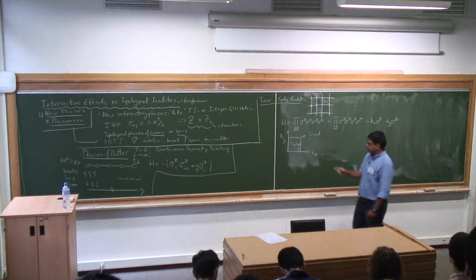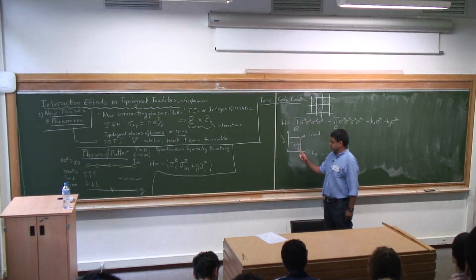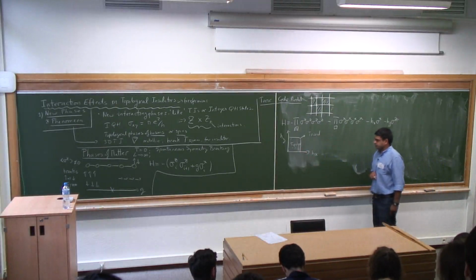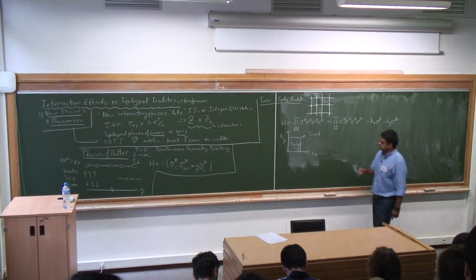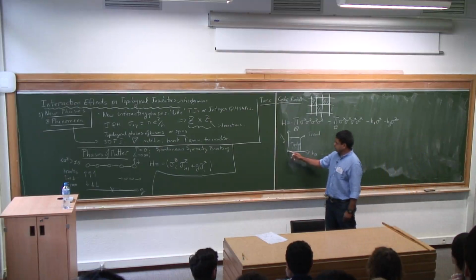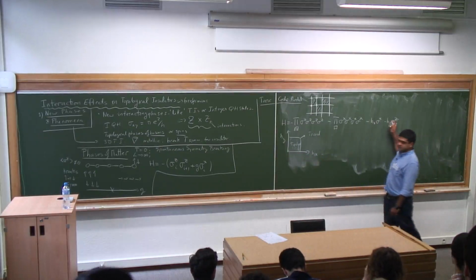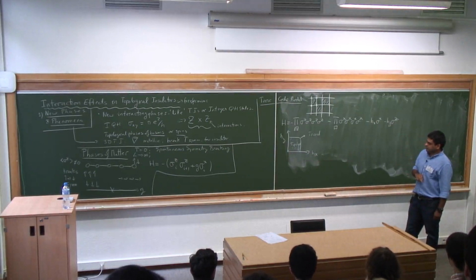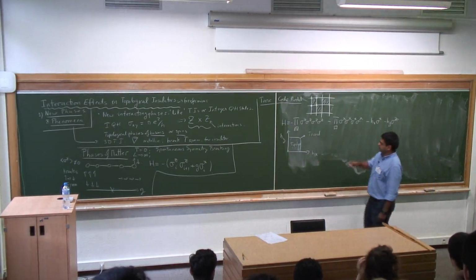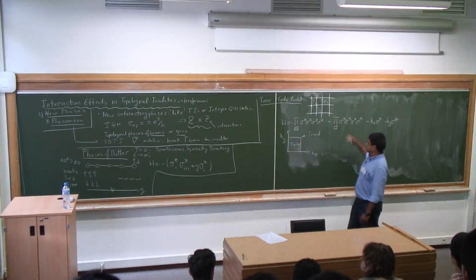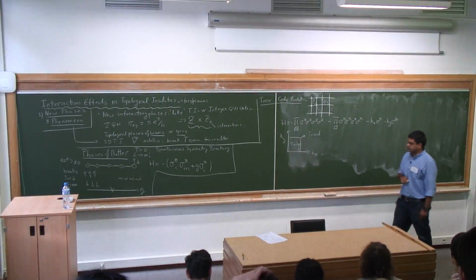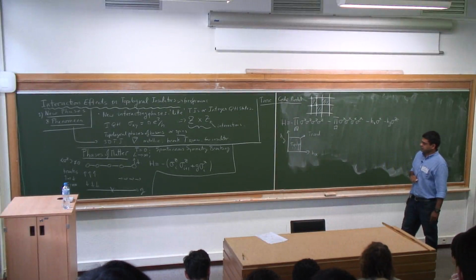But when you go into this part of the phase diagram, there's another phase that appears, which you can analyze by going to the special point over here, where you switch off these fields. And then you realize that you satisfy both of these constraints, and you get a ground state.